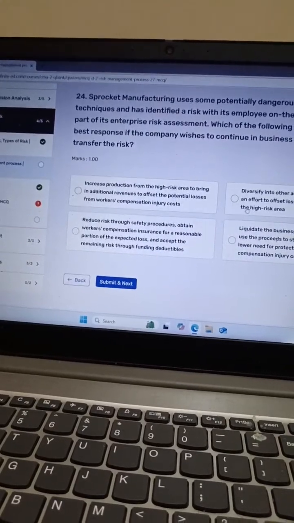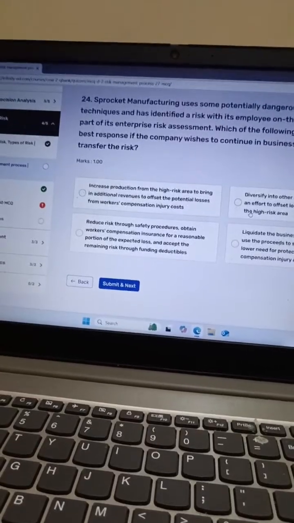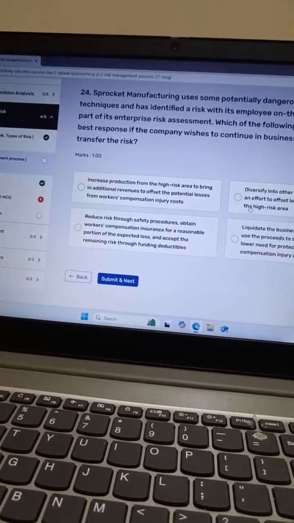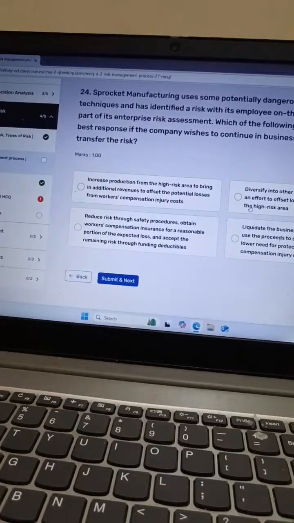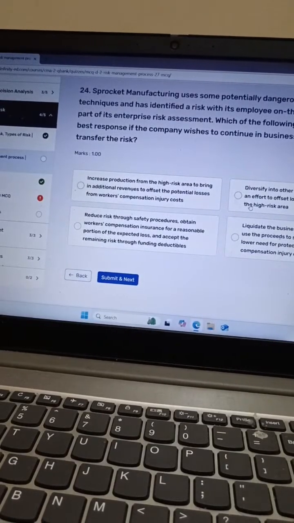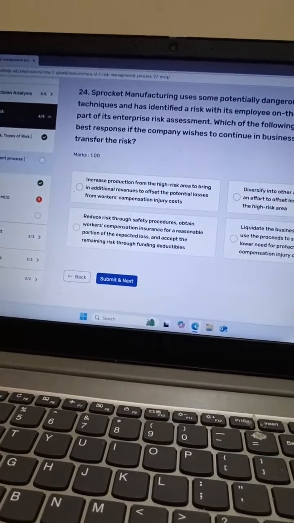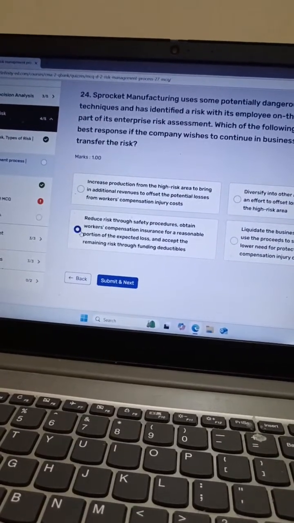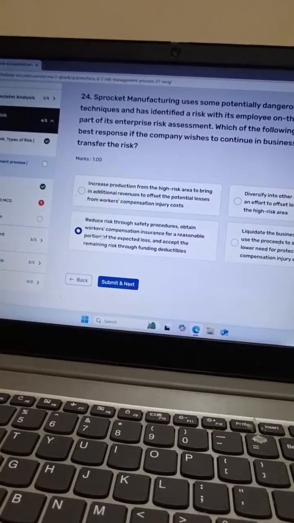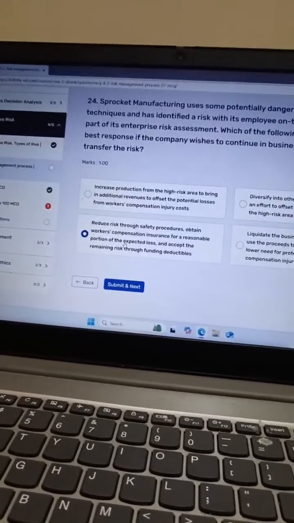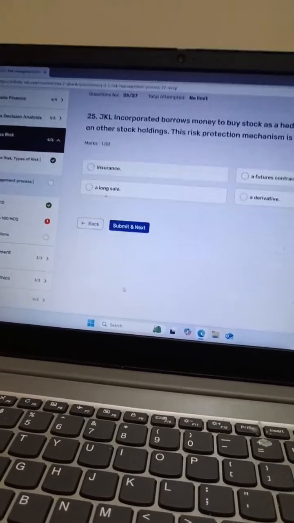No, this is diversifying into risky areas. Diversify into other areas of business that are safe to set off the losses from the employee injury. No, this is not the right answer. Reduce the risks through the safety procedures. Obtain the worker compensation insurance for the reasonable portion. This will be the best answer.